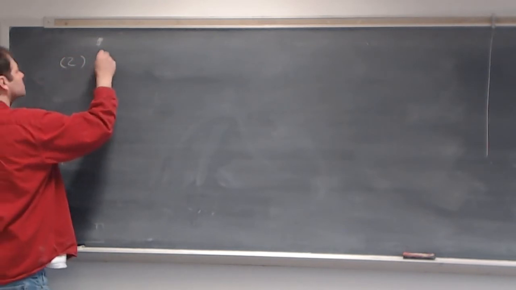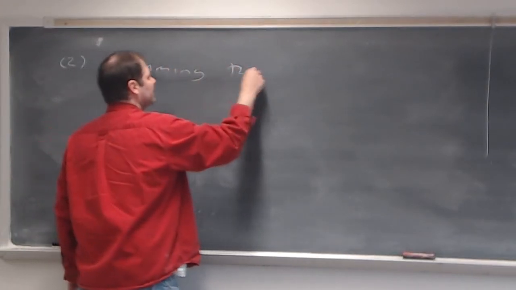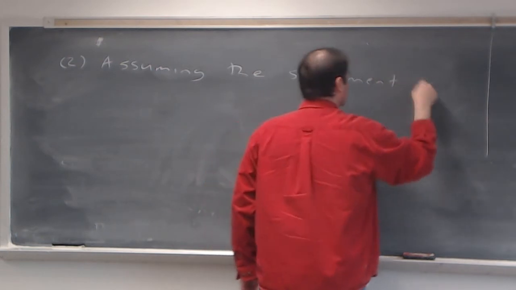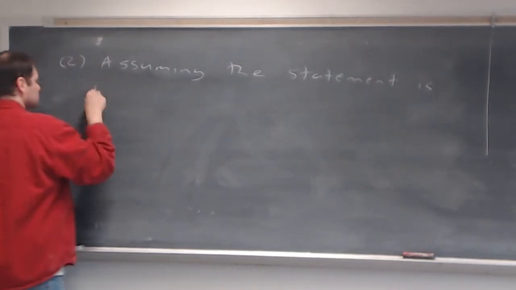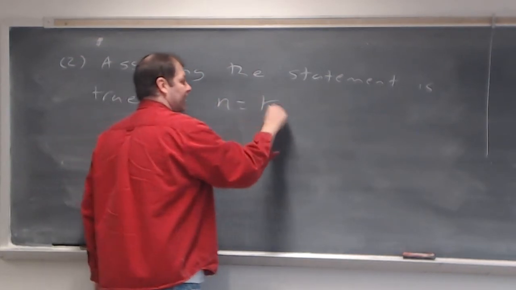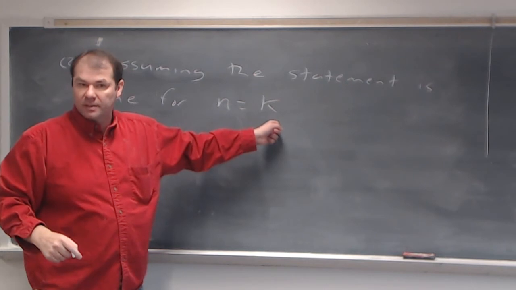The second step is that we assume the statement is true for n equals k. That's an arbitrary, fixed natural number.